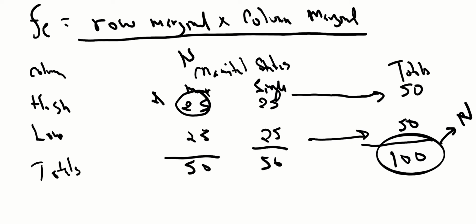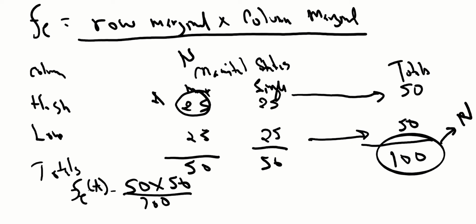Its column marginal is 50. If we were to determine f expected for this A, it is simply 50 times 50 divided by 100. That gives us our f expected for A, right? This is quite a simple table.